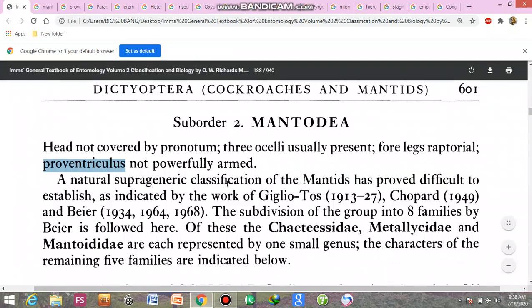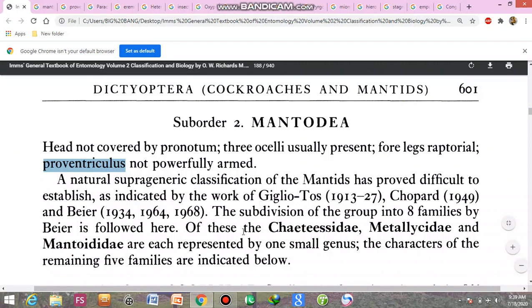A natural supragenic classification of mantids has proved difficult to establish, as indicated by the work of Giglio-Tos 1913 to 1927, Chopard 1949, and Beier 1934, 1964, 1968. The subdivision of the group into 8 families by Beier is followed here.